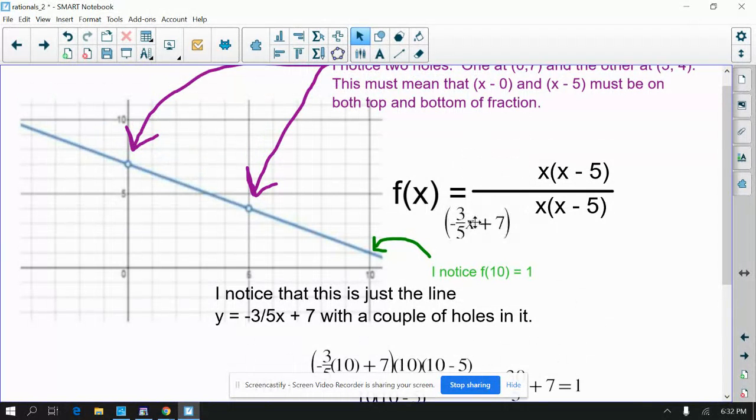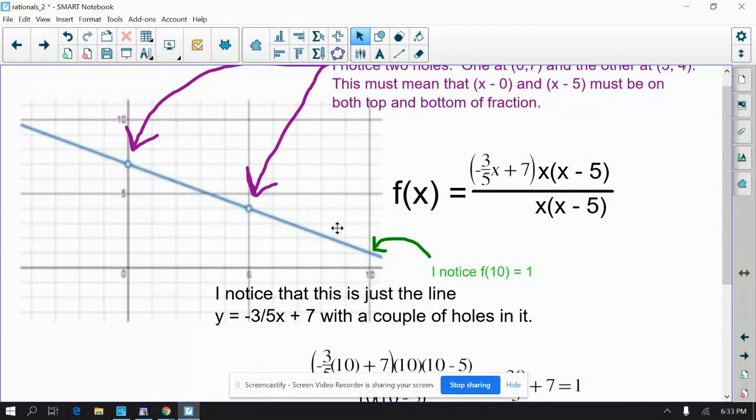Notice I kind of went over this quickly, but this is the equation of the line. It's a matter of, do you put it in the top or the bottom? Well, realize we can't put it in the bottom because that would add another point of discontinuity. That would mean there would be some vertical asymptote somewhere. It goes in the numerator because also realize that when you're faced with this rational function, any one of you would cancel out these x's and cancel out the x minus 5s, and you would just be left with y equals -3/5 x plus 7.